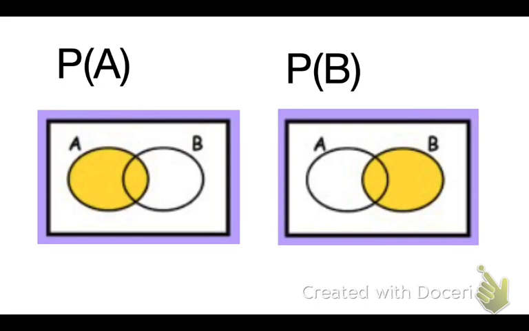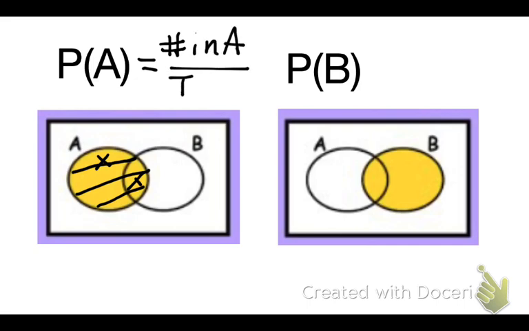This brings us to the Venn diagram if we want to look at the probability of A, or the probability of B. For the probability of A, we want all of the stuff that's in set A. That means you'd have to add the number to the left that's just in A, and the number in the intersection, and that would be everything in A. So the probability of A is the number that's in set A over the total of everything.